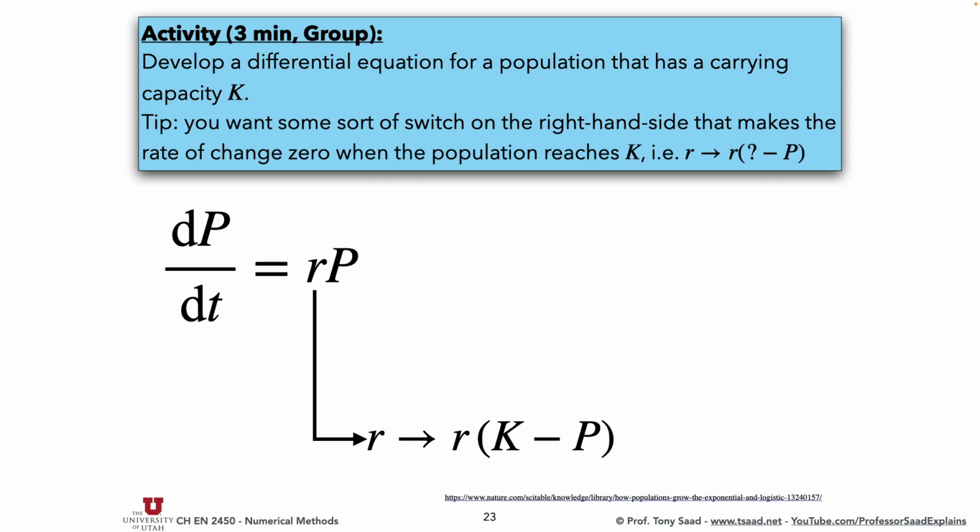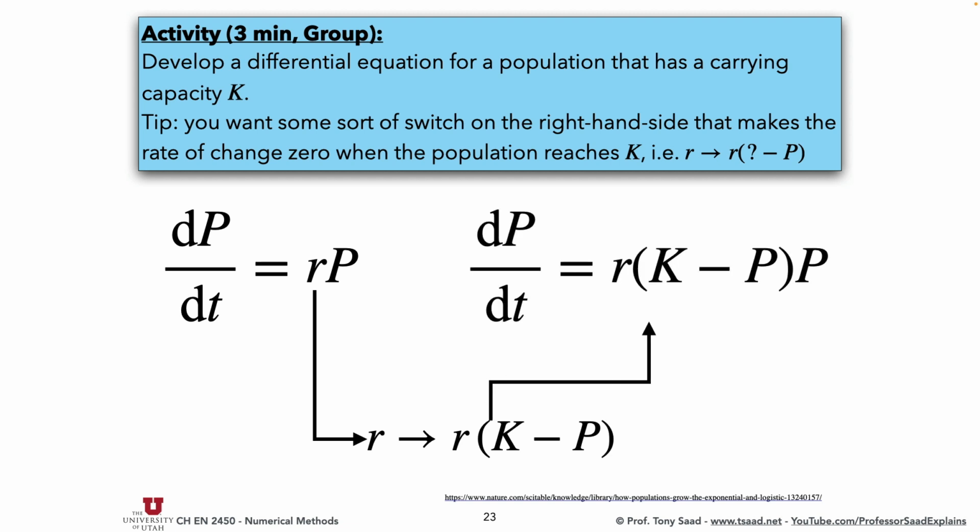Now my R is actually a function of the carrying capacity. So if instead of R, I put R times K minus P, when P is equal to K, this becomes 0, and the right-hand side becomes 0. So dP by dt becomes 0. When P equals K, this whole thing is 0, so you get that flat thing at the top. When P is less than K, you still have the standard exponential growth.